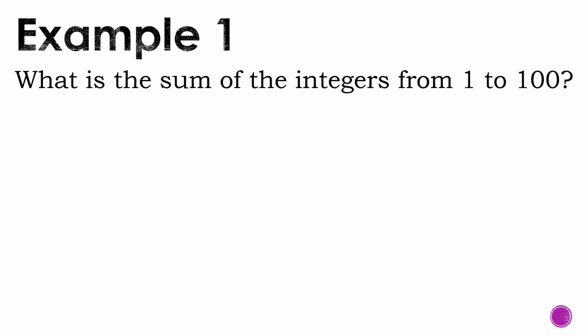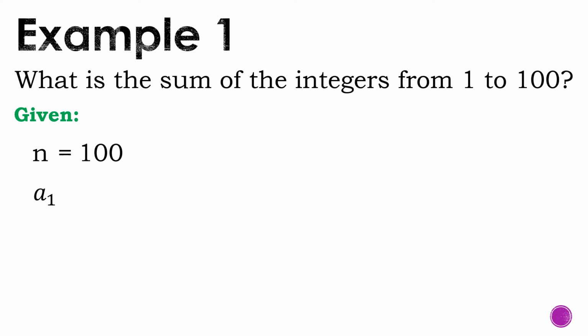Example number 1. What is the sum of the integers from 1 to 100? So what are the given values? N is equal to 100 because we have 100 terms in the sequence 1 to 100.